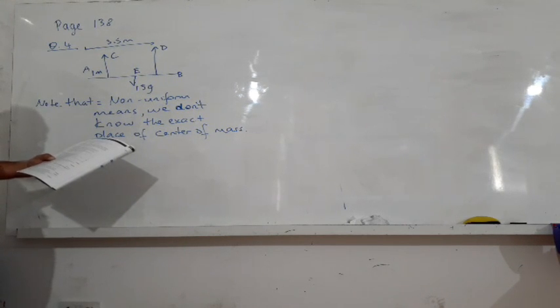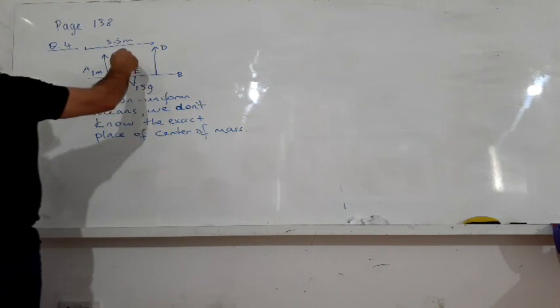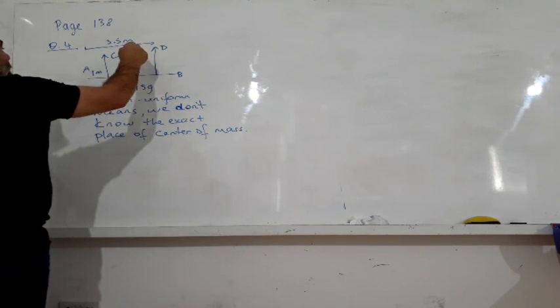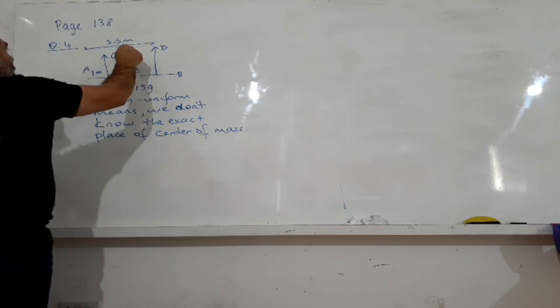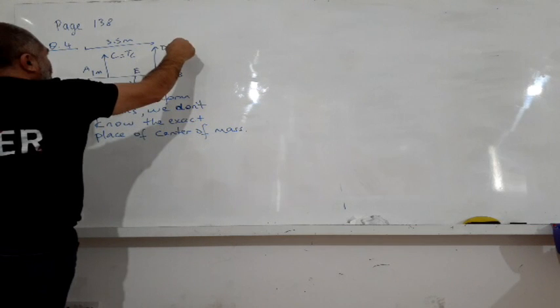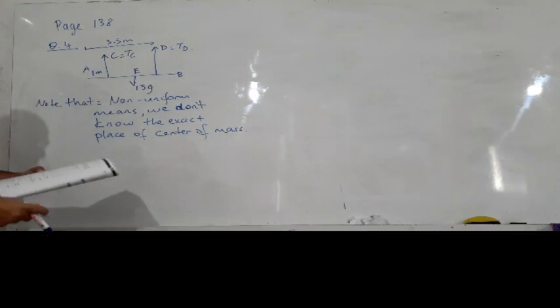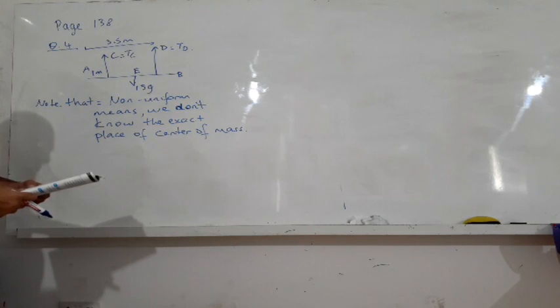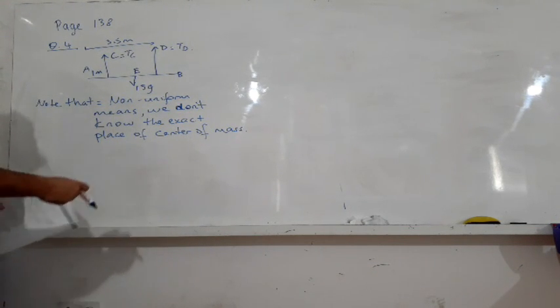Here we have tension C and tension D. And AE is 3 meters.